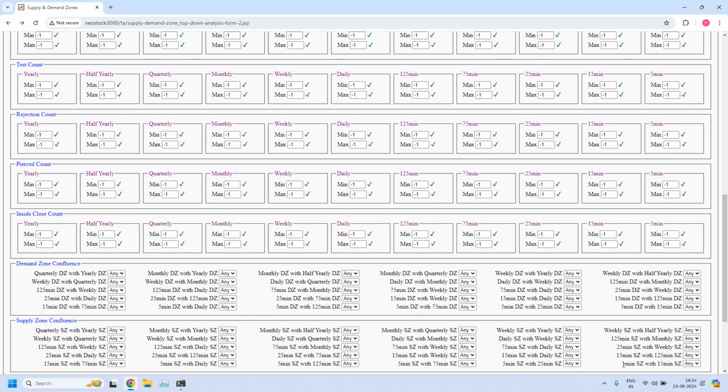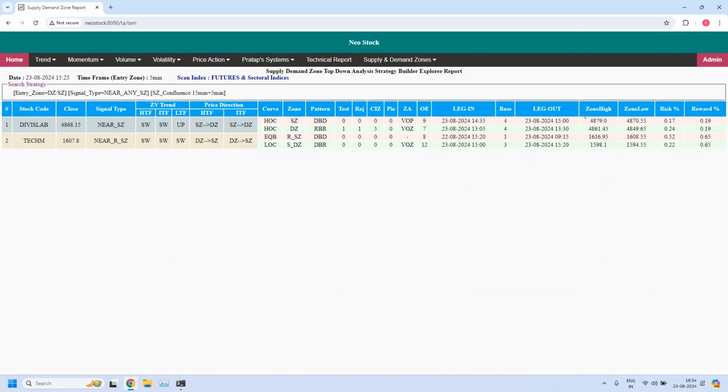So here we have 5 minute supply zone with 15 minute supply zone enabled, that is LTF and ITF confluence. 2 stocks are filtered. Out of these 2, let's verify if any are having HTF confluence.